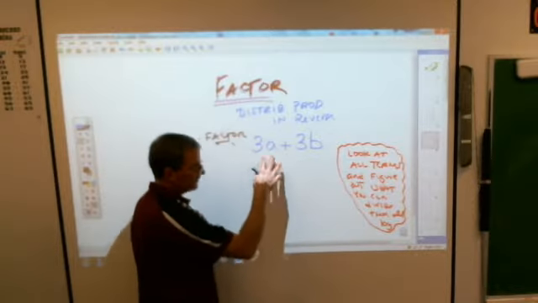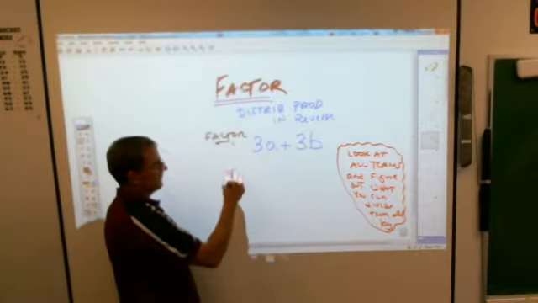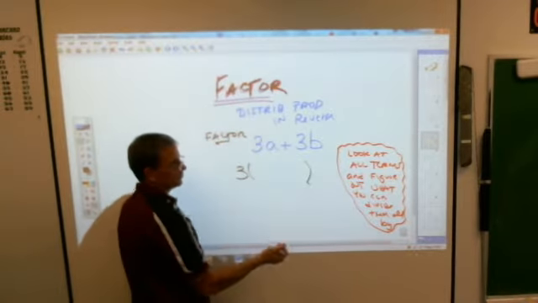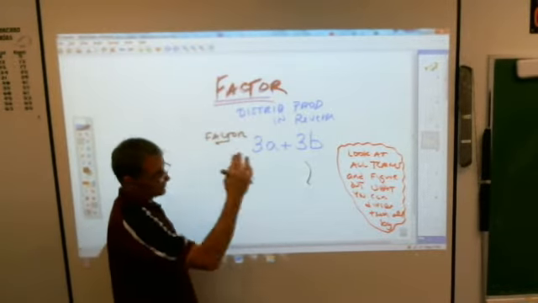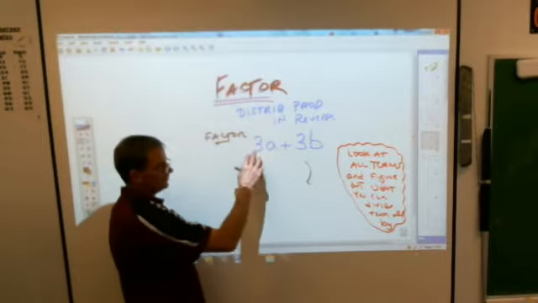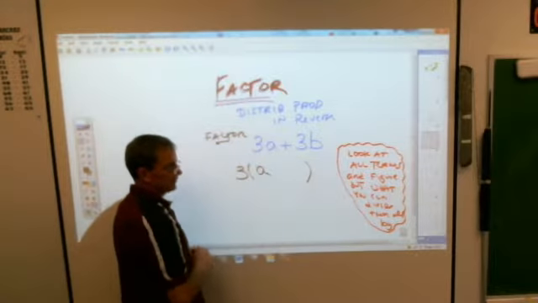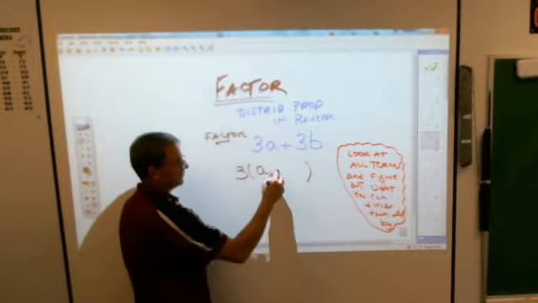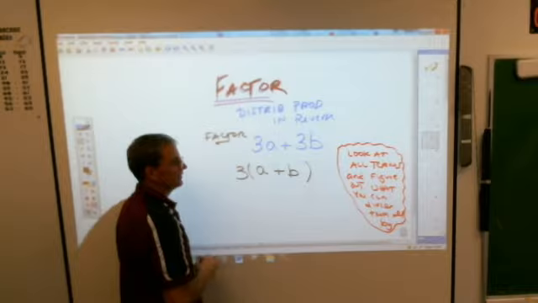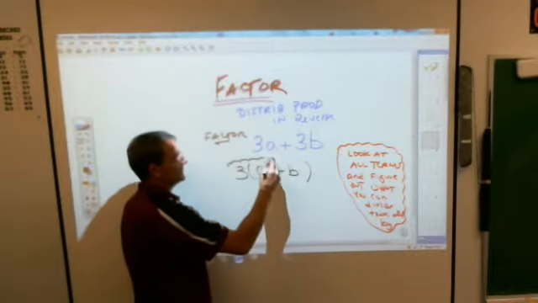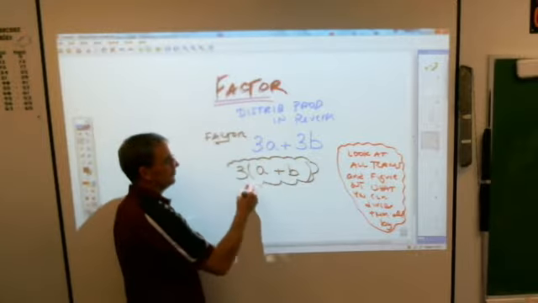So you take that common factor and put it down, and then you put a parenthesis because we're going backwards from the distributive property. You remove the 3 from this, you're left with an A. You take the 3 out of this one, you're left with a B. This is the reverse distributive property, and this is that thing factored out.